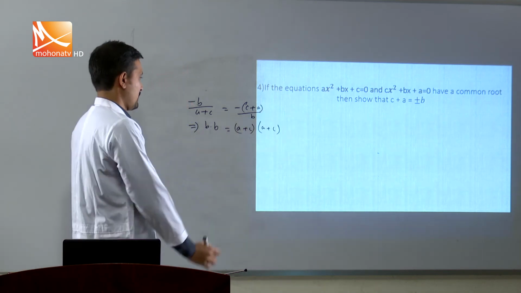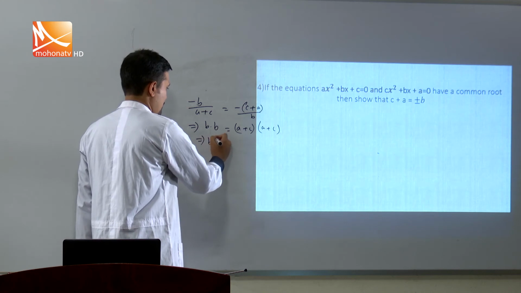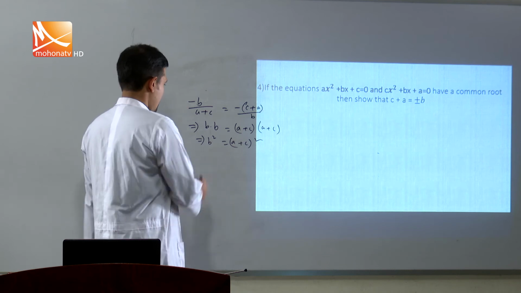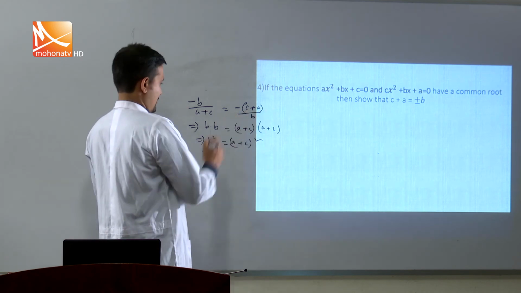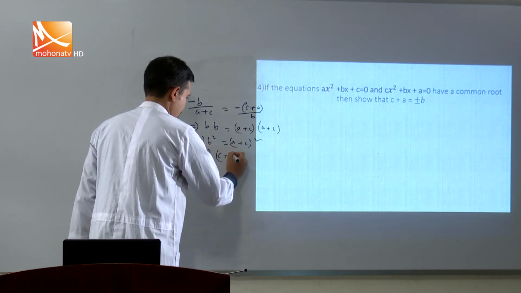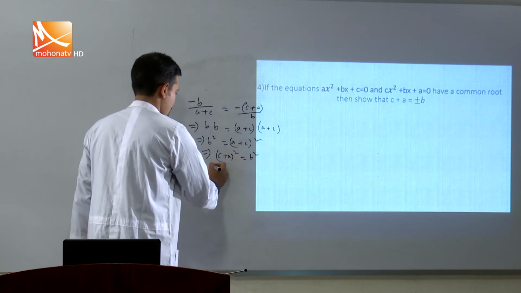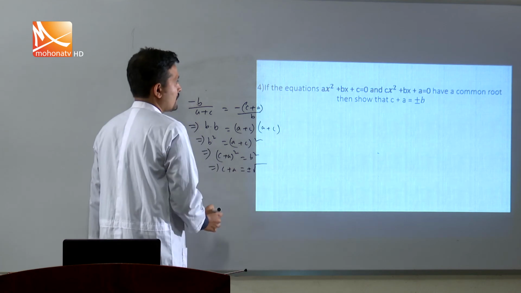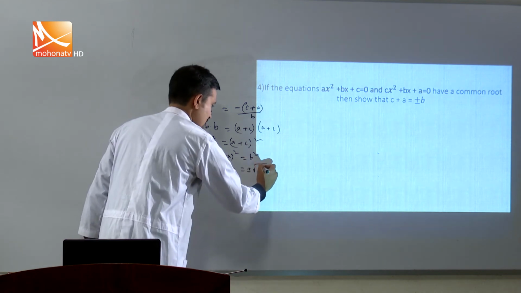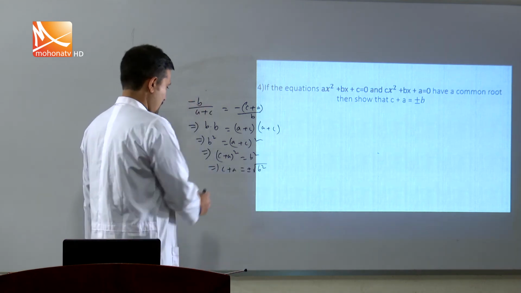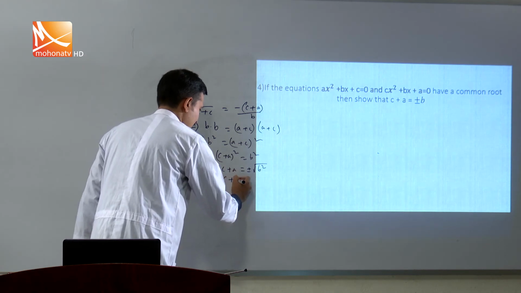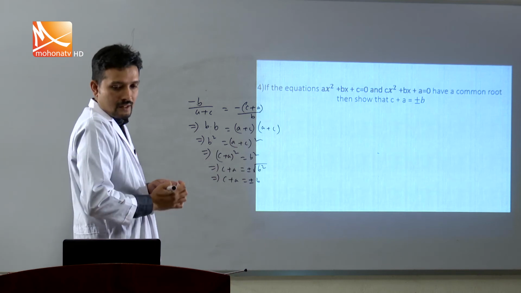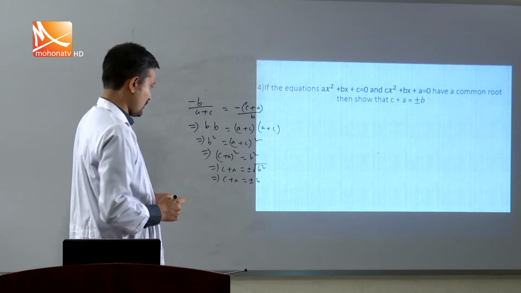That means b square equals (a plus c) whole square, or (c plus a) whole square equals b square, or c plus a equals plus minus root over b square, or c plus a equals plus minus b. This is the condition of this equation.